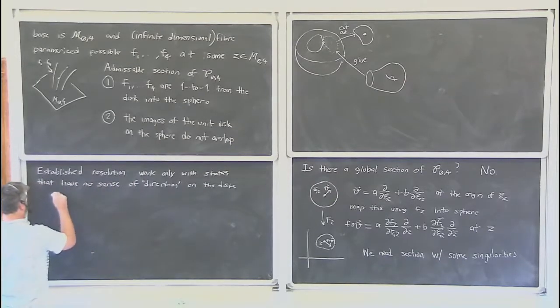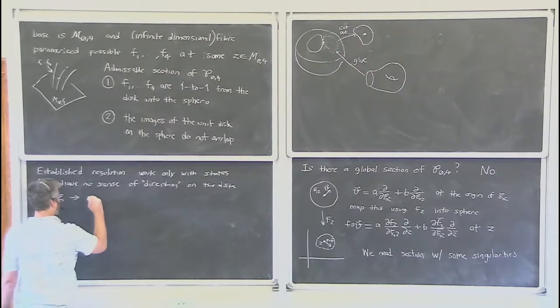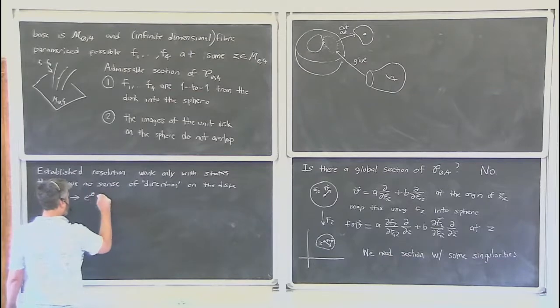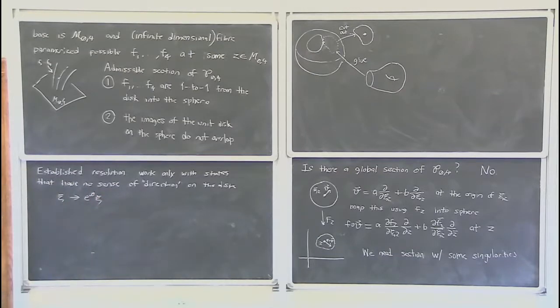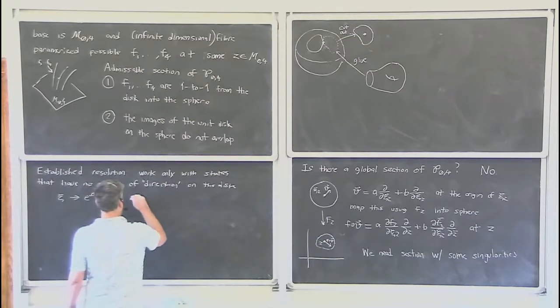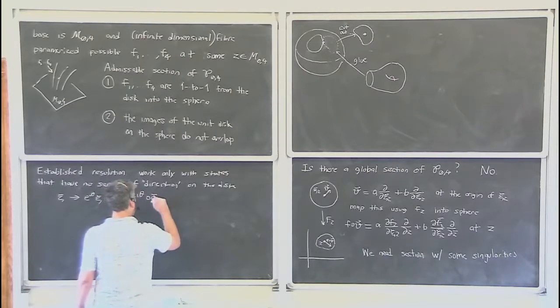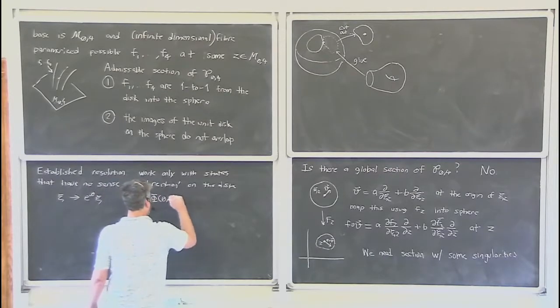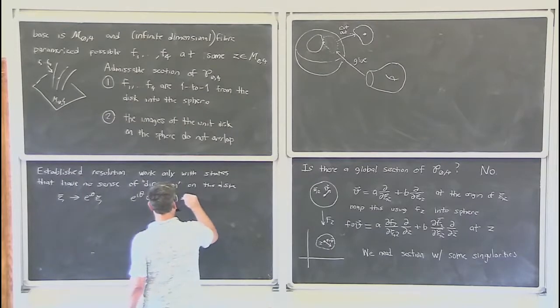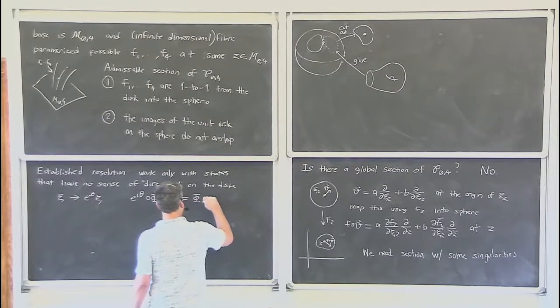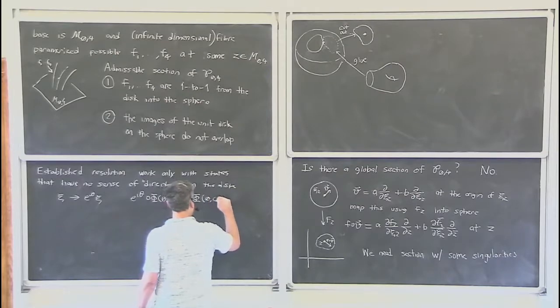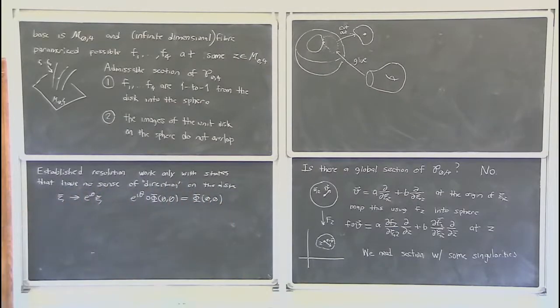So if we consider the conformal transformation xi goes to e to the i theta xi, this is a conformal transformation which just rotates the unit disk of a state. We assume that we are working with states which are left invariant under this rotation of the disk. So this is the level matching condition.